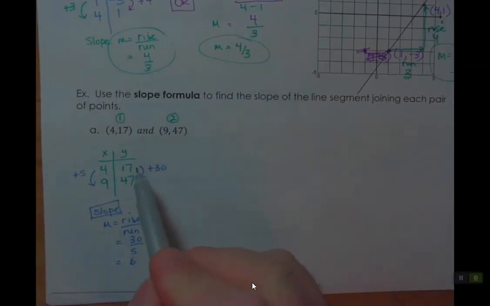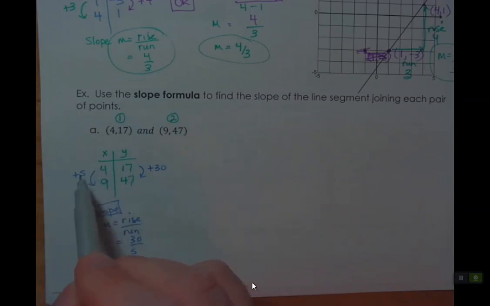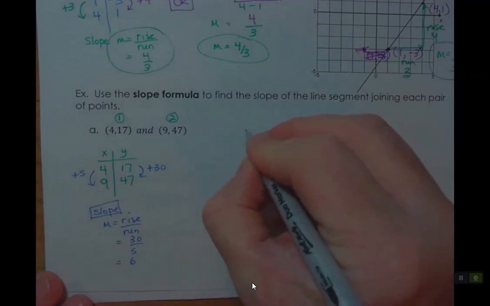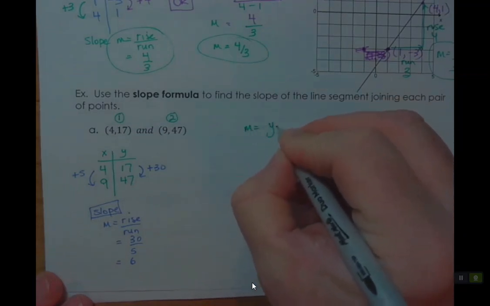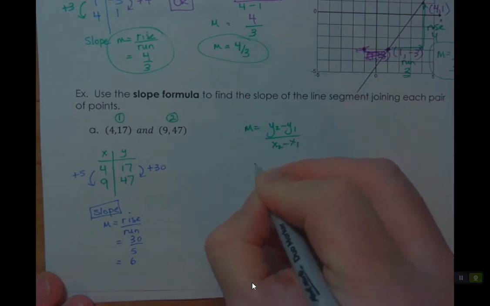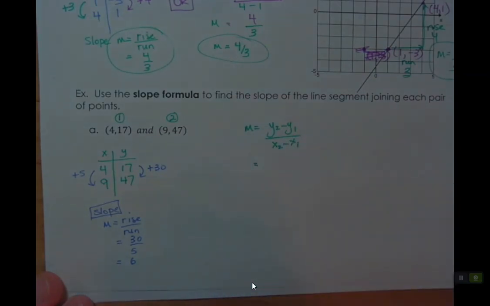All right, so I looked at that. 47 minus 17 got me 30. 9 minus 4 got me 5. I got my slope as 6. Or I can find the slope like that.